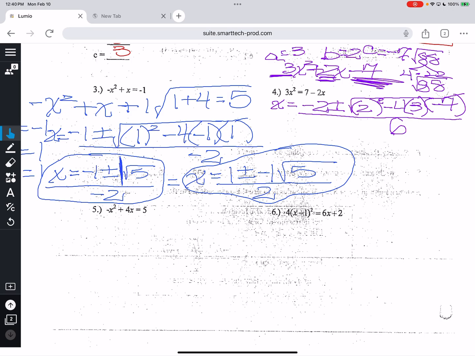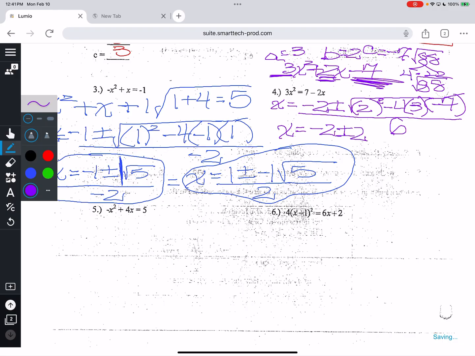So while 22 is not a prime number, it is not made up of anything perfect, so the 22 just remains in the radical. Okay? So this gives us x equals negative 2 plus or minus 2 radical 22, and I'm going to run into that 6. Hold on.